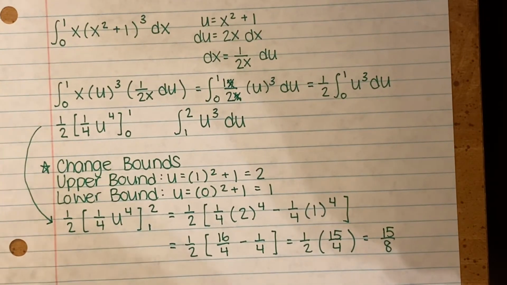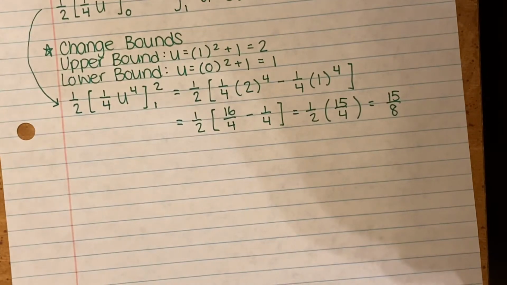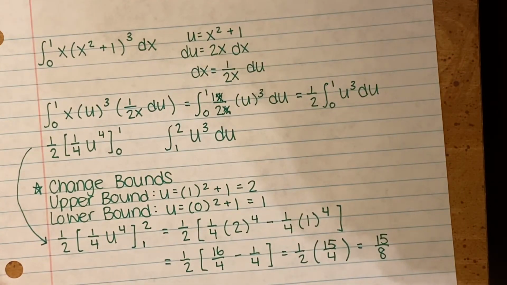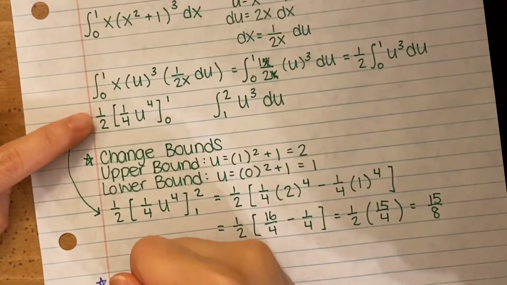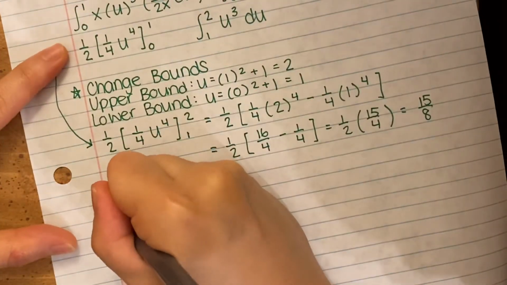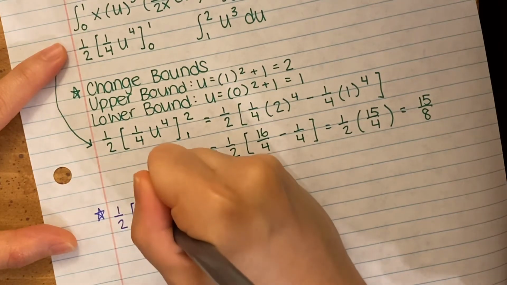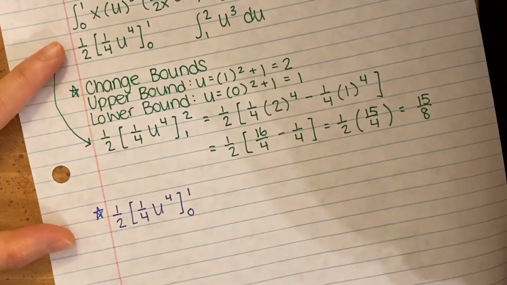Okay, and the second way we can do this is by plugging in our x from this equation and then solving it that way. So I'm going to copy down this line right here. I have 1/2 times 1/4 u to the 4th power, evaluated from 0 to 1.